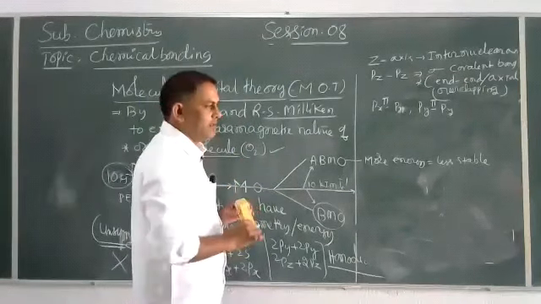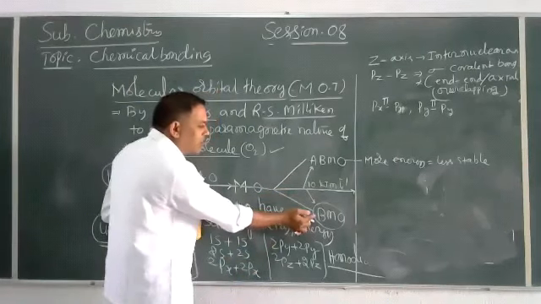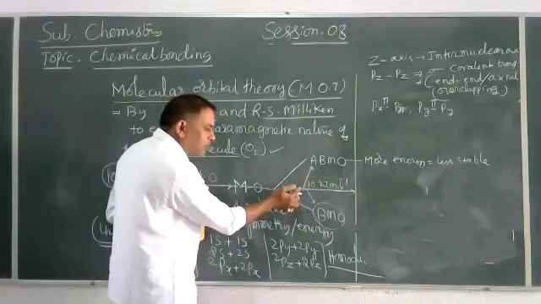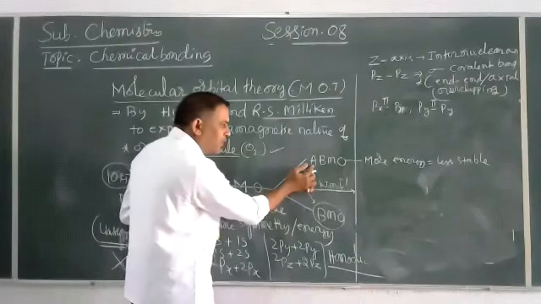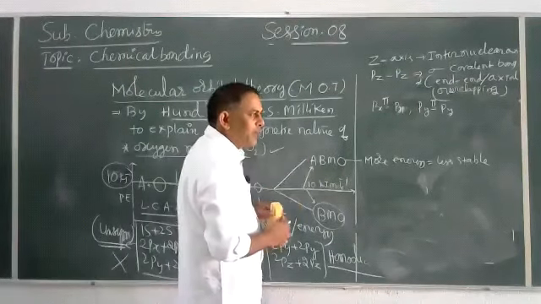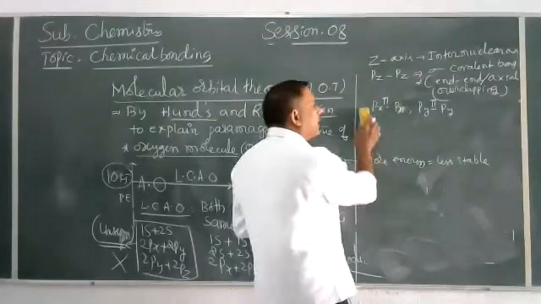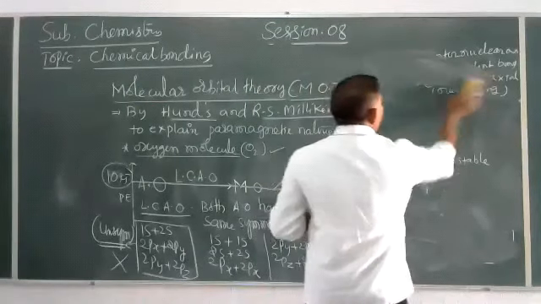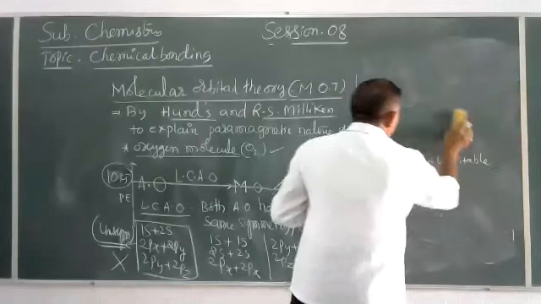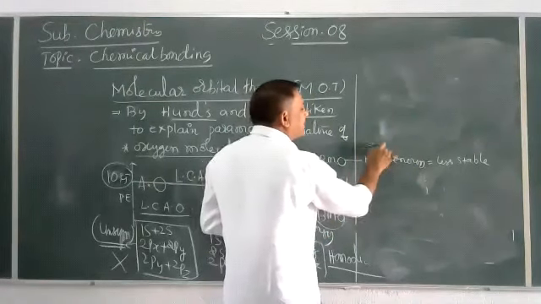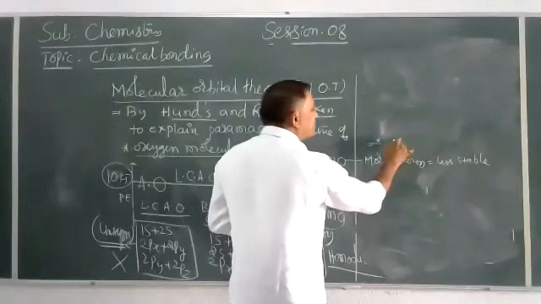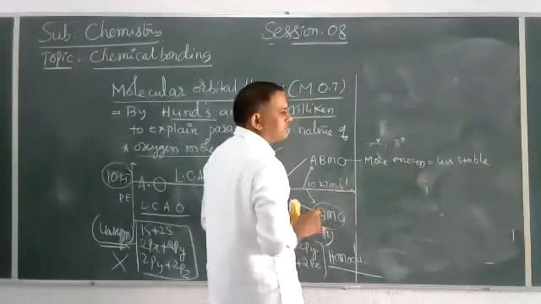Compared to the bonding molecular orbital or the atomic orbital, the anti-bonding molecular orbital has more energy and is less stable, meaning there is no bond between the two atomic orbitals. Anti-bonding molecular orbitals are generally denoted by sigma star and pi star.